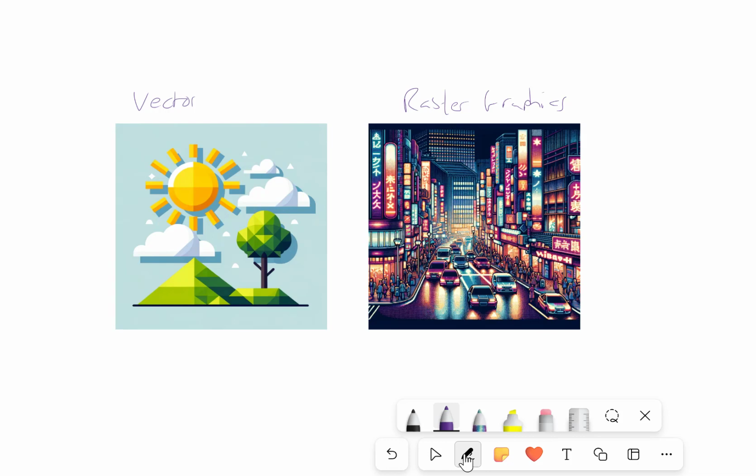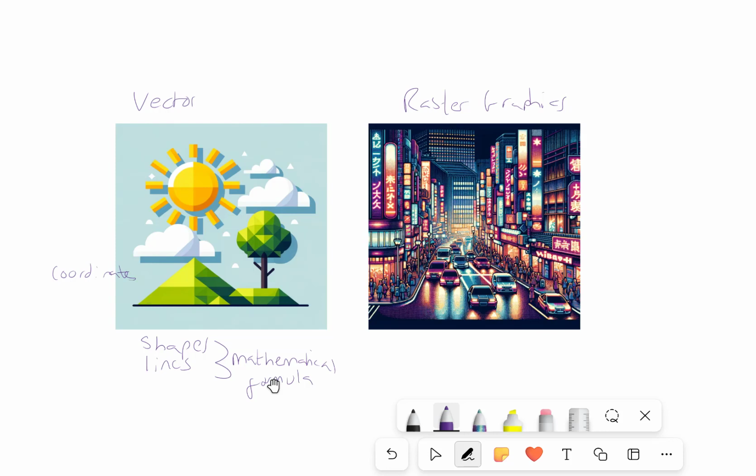Vector graphics are made up of shapes. So it's using basic shapes and lines combined together using a mathematical formula. The way these are put in, they're done via coordinates.